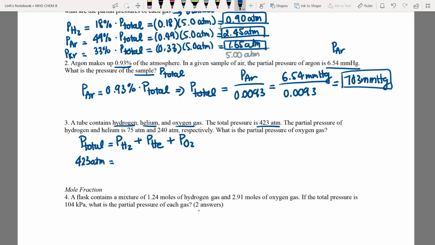So I'm going to plug it in. I know hydrogen is 75 and helium is 240, and the partial pressure of O2 is remaining. So you can rearrange this equation to give you PO2 to be 108 atm.